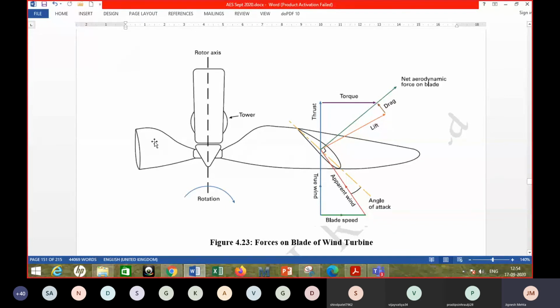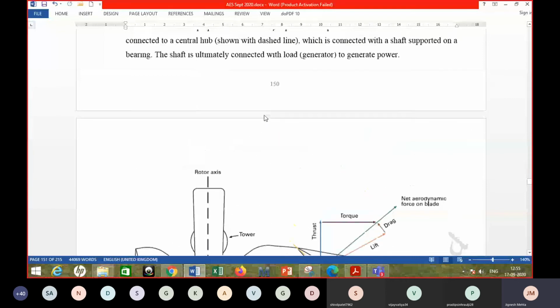So that's the reason we discussed how different forces are acting, and how kinetic energy is converted into mechanical energy, which is fed to the generator, and you get the electrical power.